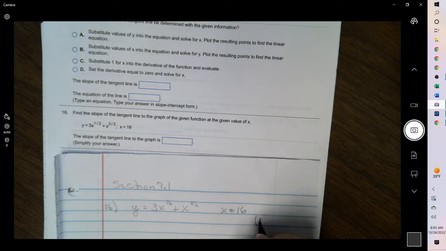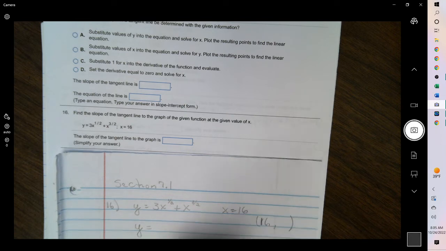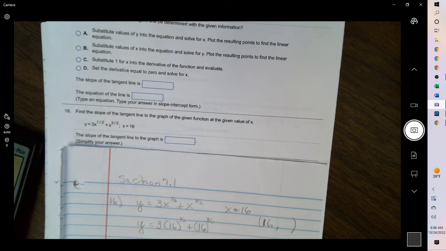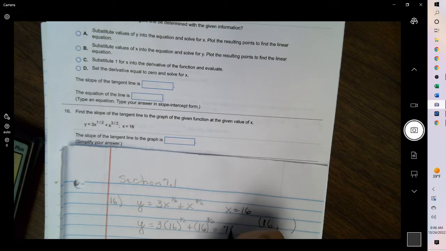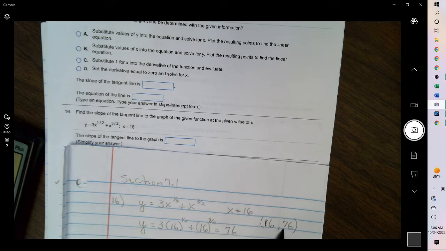To find the y value, you could plug it in here, so that y equals 3 times 16 to the 1/2 plus 16 to the 3/2. 3 times 4 plus 16 to the 3/2 is 76. So that gives us a point. We still need the slope.